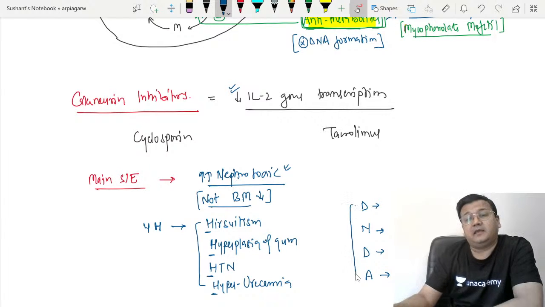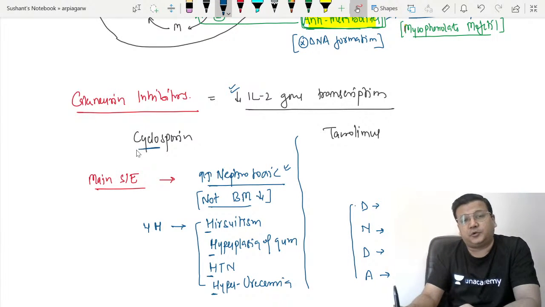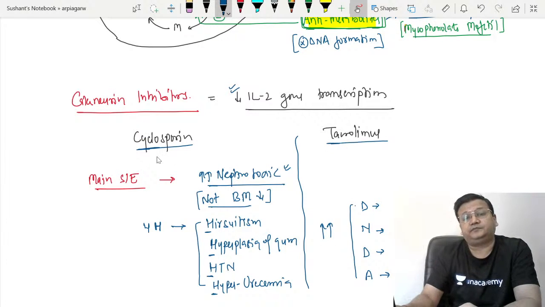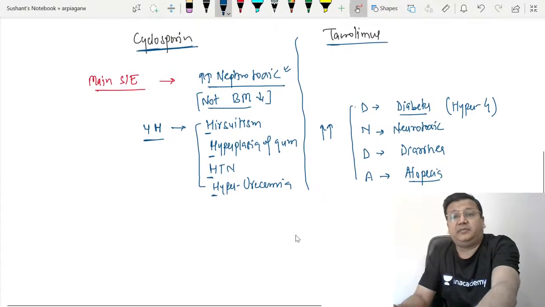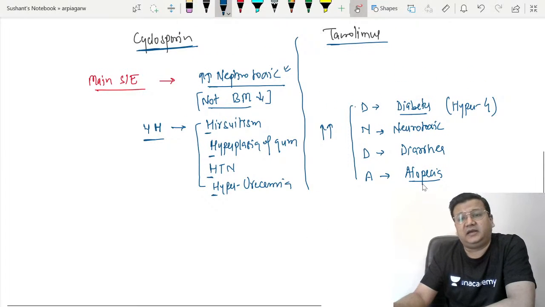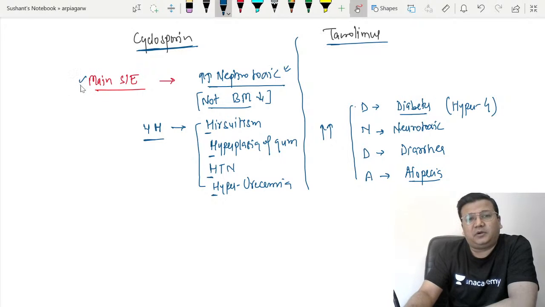So these problems, 4H, are more common with cyclosporin, and DNDA are more seen with tacrolimus. So 4H are more seen with cyclosporin, and diabetes, neurotoxicity, diarrhea and alopecia are more common with tacrolimus. Both the drugs' main problem is nephrotoxicity. Bone marrow suppression is not seen with both. So that is about calcineurin inhibitors.